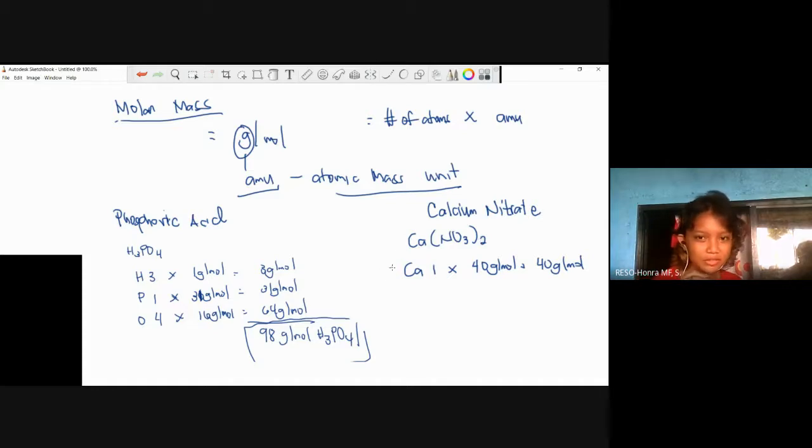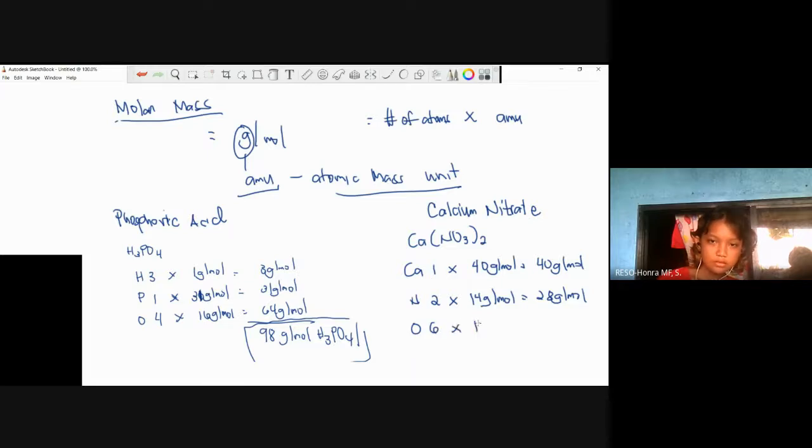Tapos, yung N po, 2 times 14 is equals to 28. Tapos yung O po is equals to 6 times 16 is equals to 96.